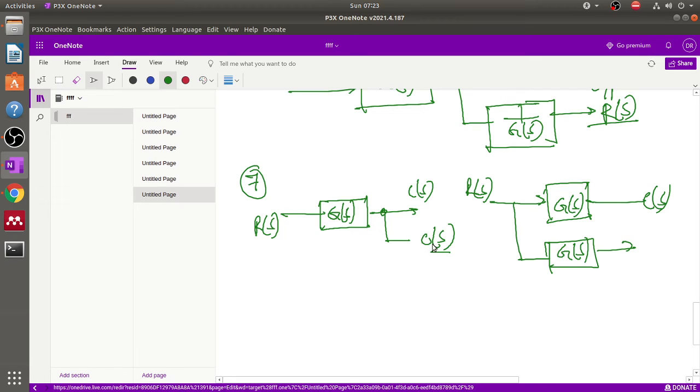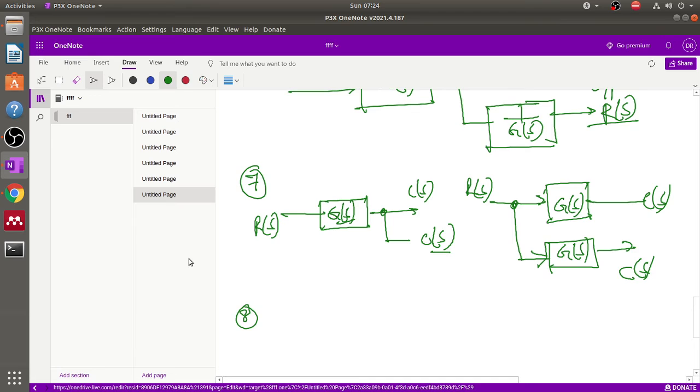Okay, because CS equals GS into RS, and if we shift this takeoff point before a block, then this is only RS, so multiply by GS again, then we get the proper value of CS. Okay, it's very easy.